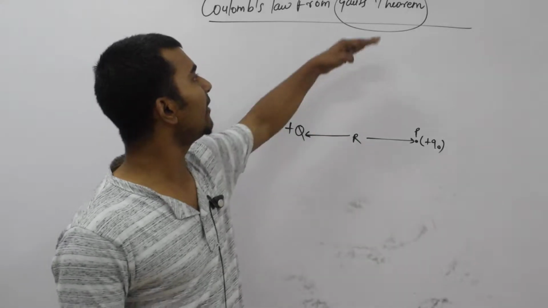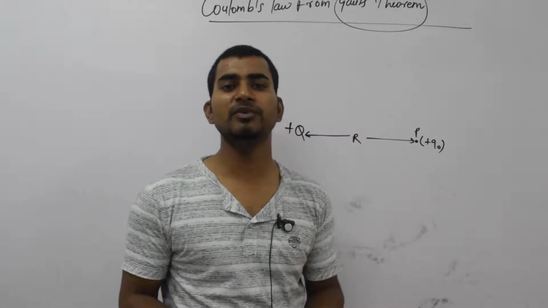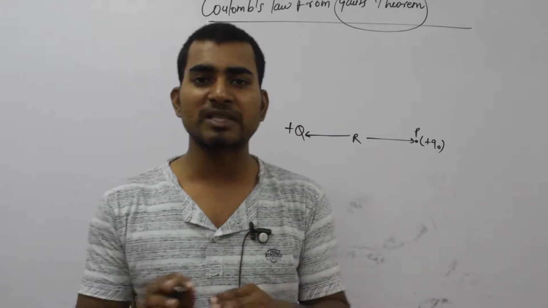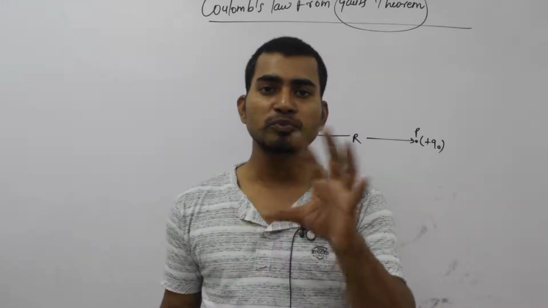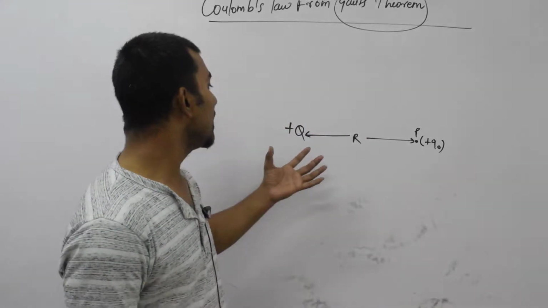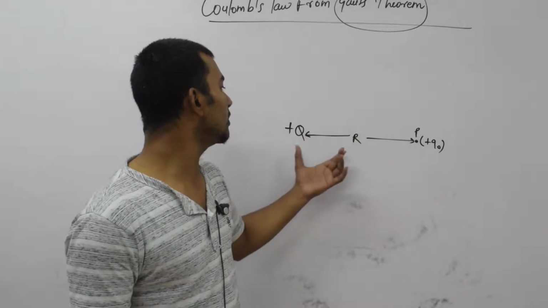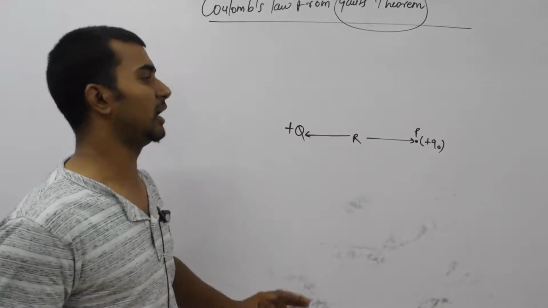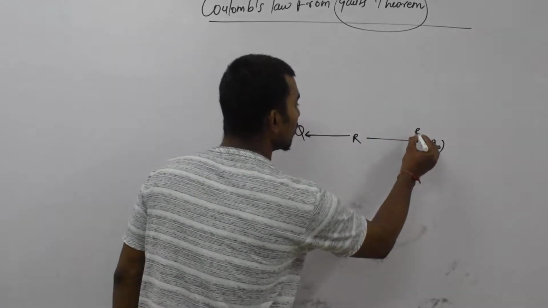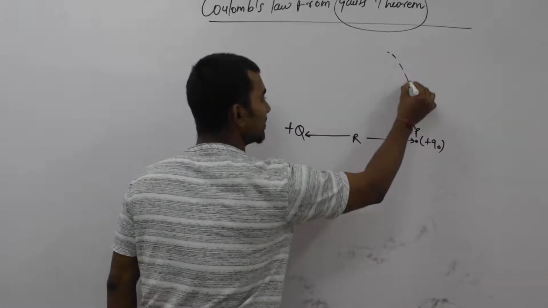So here I have to use the Gauss theorem. As we know, the Gauss theorem is applicable for closed boundaries only. So we can take a closed boundary around this region of the charge. I am going to draw a Gaussian surface.